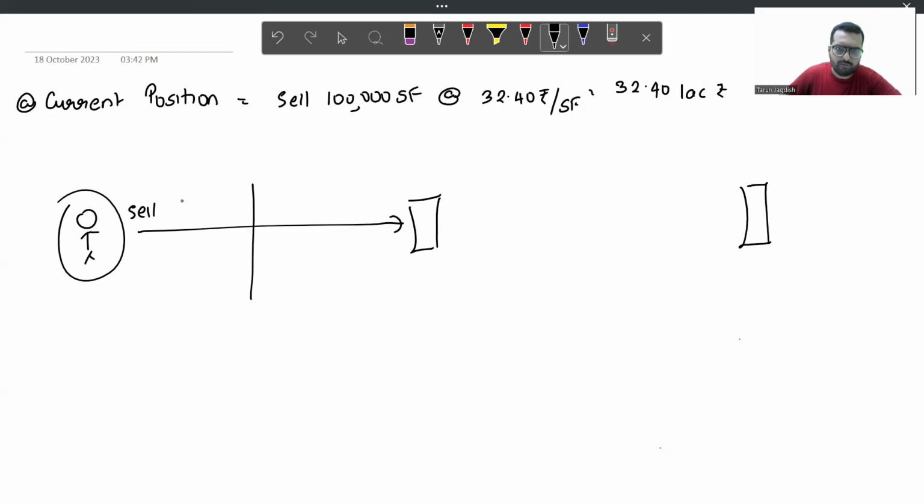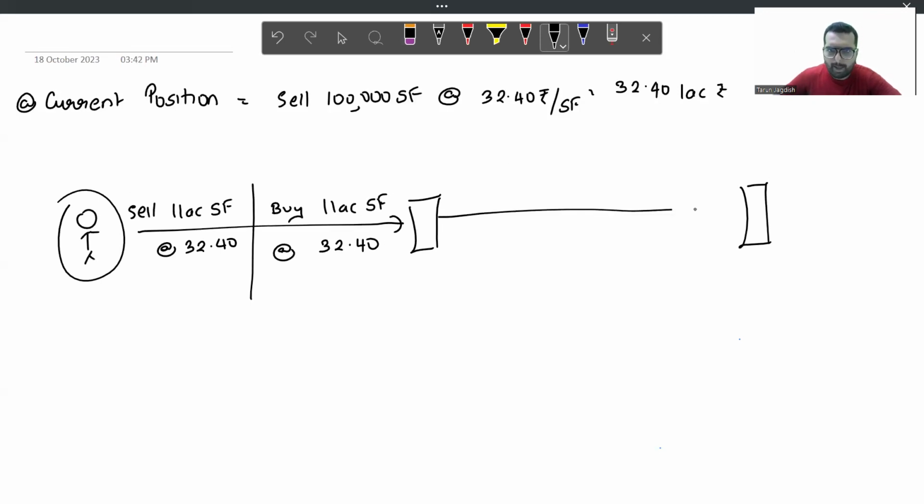He has sold 1 lakh Swiss franc at the rate of 32.4. So what is the bank doing? Buy 1 lakh Swiss franc at the rate of 32.4. Bank has covered itself in the London market. How does the bank cover? Sell 1 lakh Swiss franc at the rate of 32.42 rupees per Swiss franc. Can you draw this diagram in your books now?